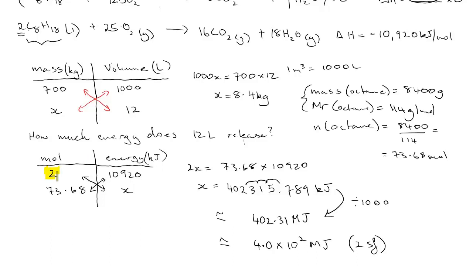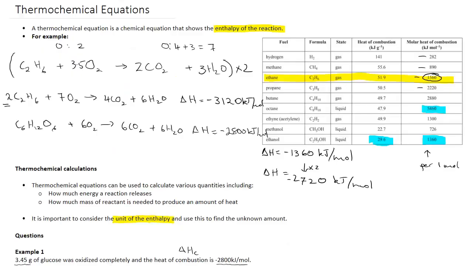Our table would have been fine, even if we just knew 1 mole of octane and how much energy it produces, so 5,460. The proportion would still be the same. So you could use the value directly given by the table.